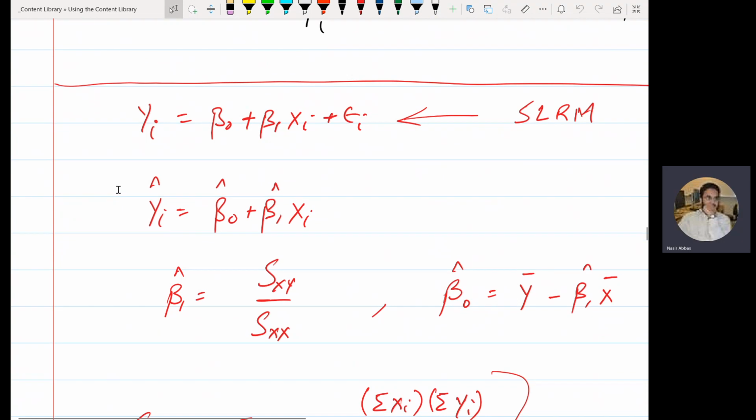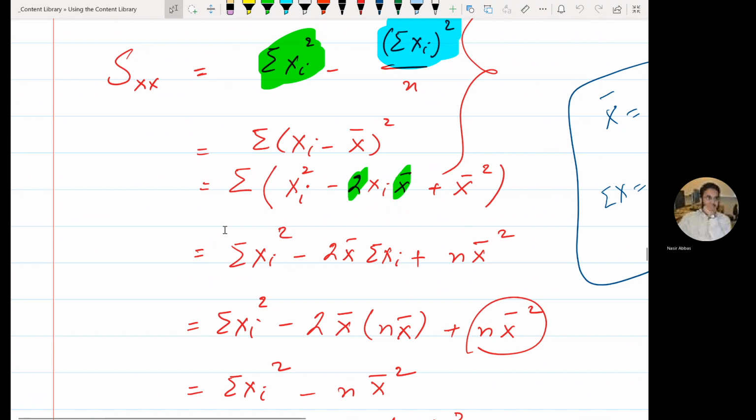Then from point estimation, you move on to interval estimation. To do the interval estimation, you need the distribution of the point estimate, specifically the variance of the point estimate. So in the previous class, by the end of the class, we were trying to look at the distribution of beta 1 hat.